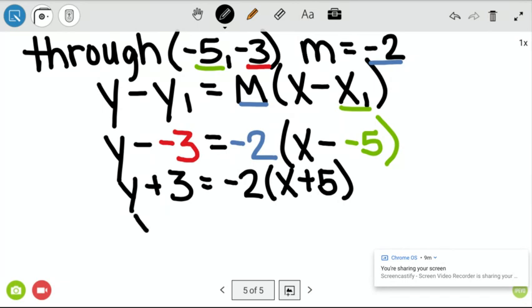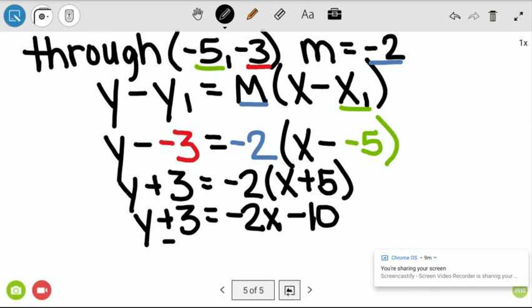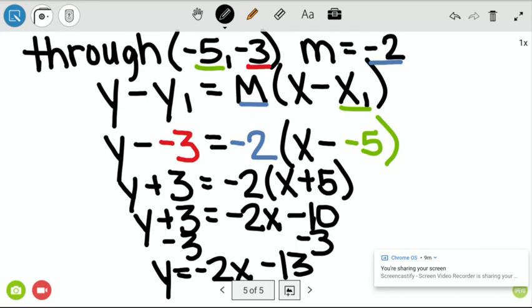Then to simplify this, to get it into slope-intercept form, we're going to distribute, and we get -2x minus 10. And then we subtract our 3. And so we get y equals -2x, and then a -10 and a -3 become -13.